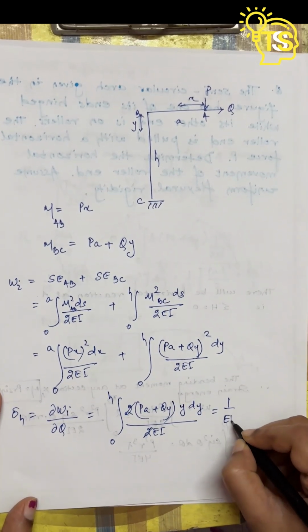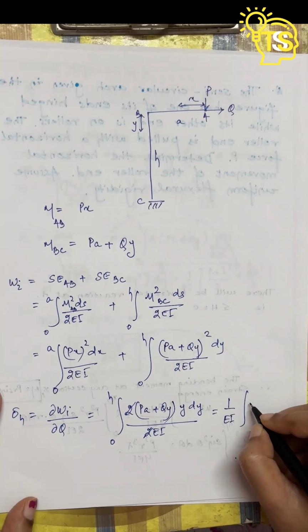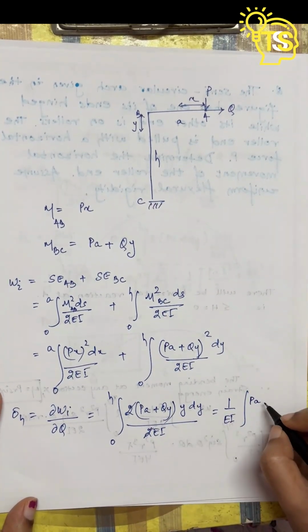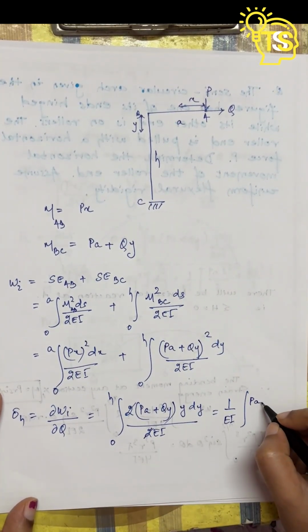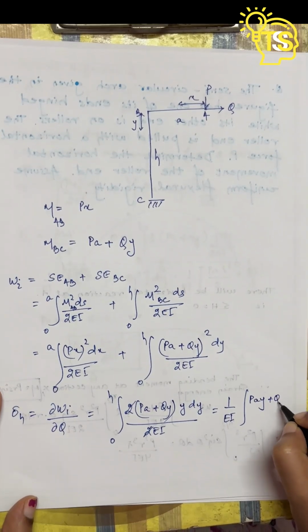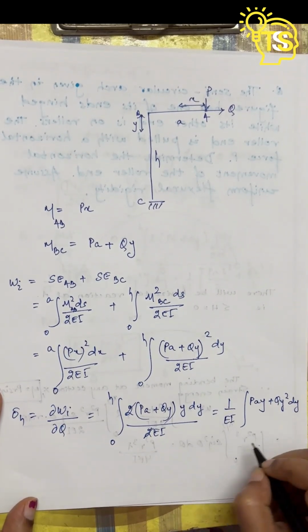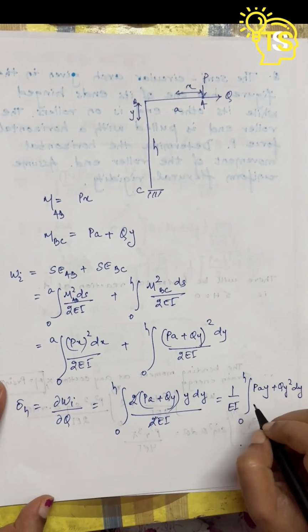Let's bring EI outside, and let's separate these terms. We will get Pay plus Qy square dy, 0 to h.